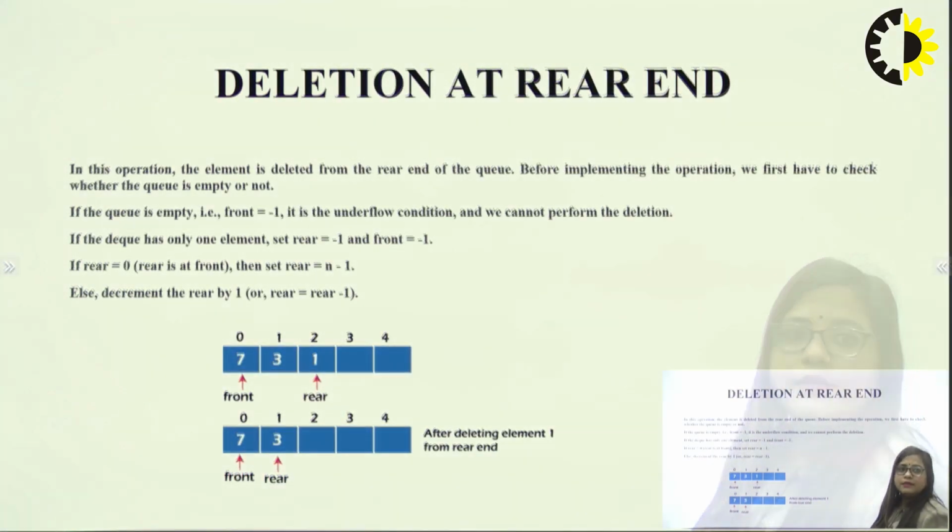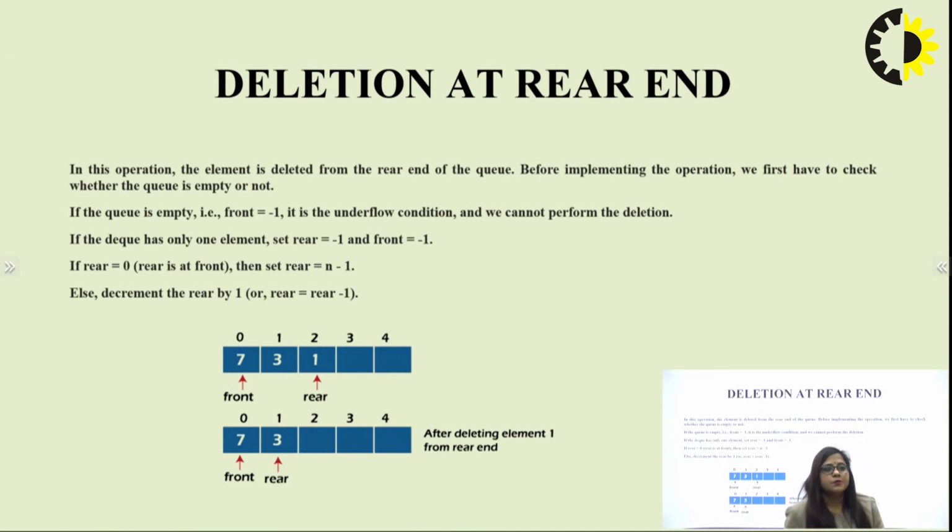Okay, deletion at the rear end. In this operation, the element is deleted from the rear end. Before implementing this operation, you first check whether this queue is empty or not. Otherwise, you apply your algorithm for this operation.